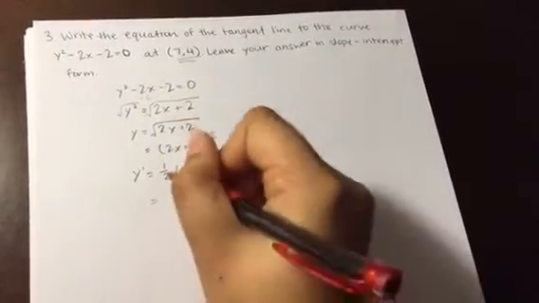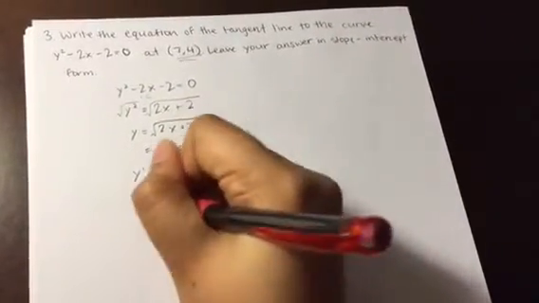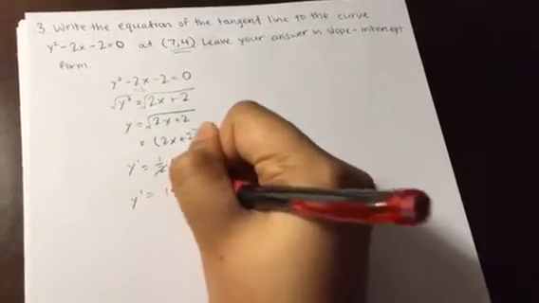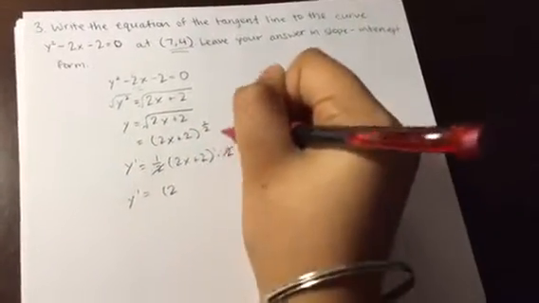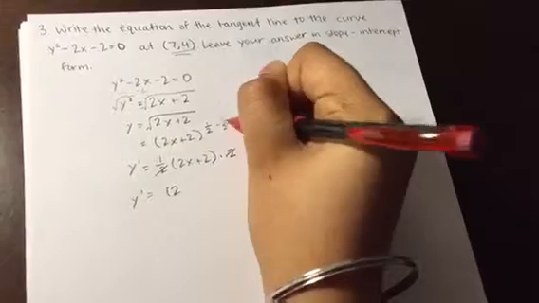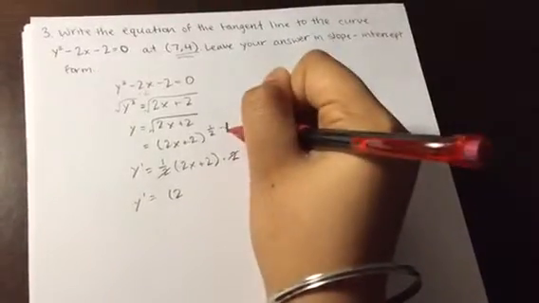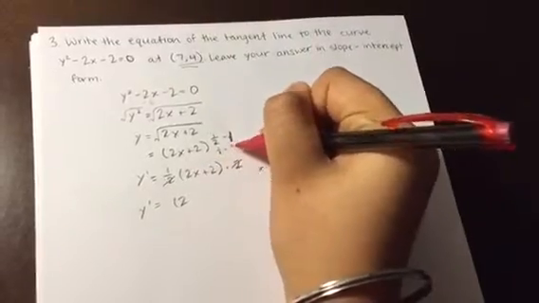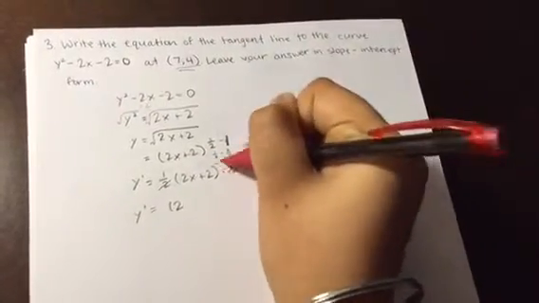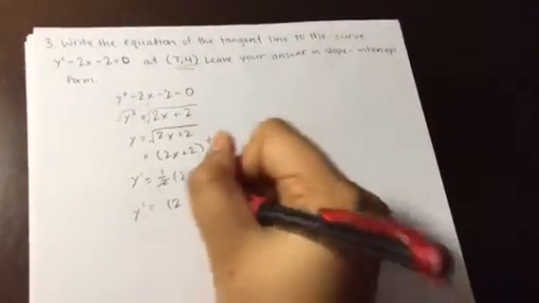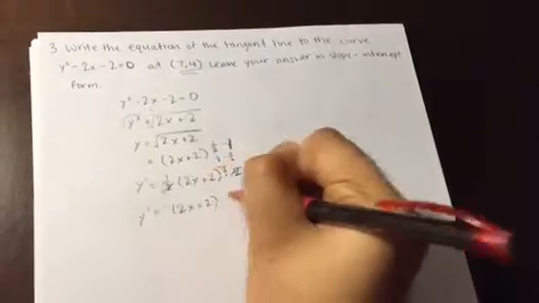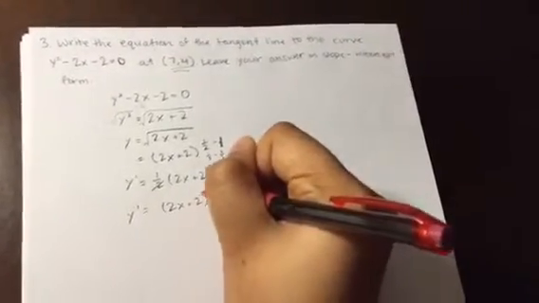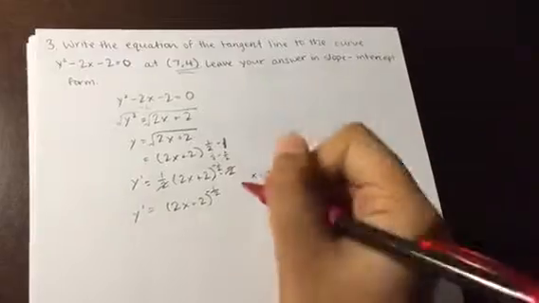These 2's cancel, so then the y derivative just equals, you subtract 1 from the exponent, so you have 1/2 minus 2/2, so you have negative 1/2. So what you're left with here is 2x plus 2 to the negative 1/2 power.